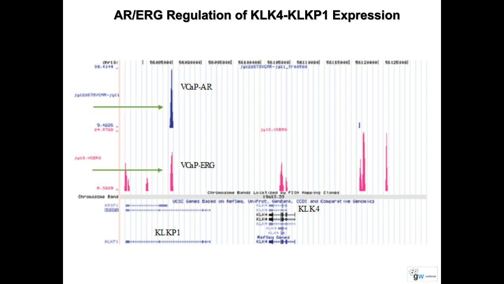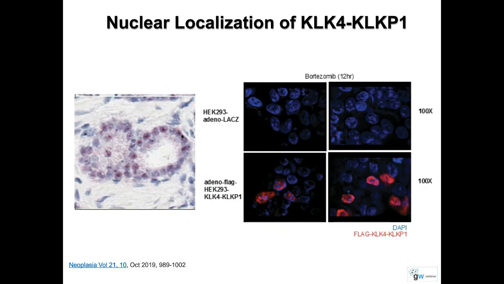So this confirms that this fusion gene is indeed regulated by androgen. Also in this slide, we looked at the location of the fusion protein by using the fluorescent anti-flag antibody. We showed the nuclear localization of this fusion protein, like we see the RNA signal on the left panel, the localization of the signal in the nucleus.